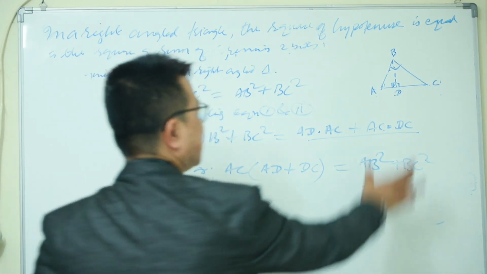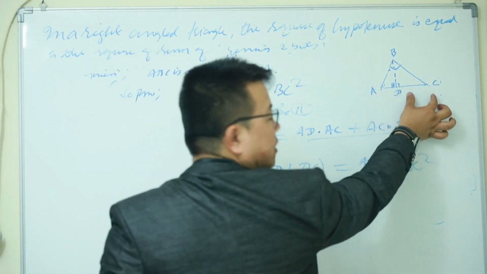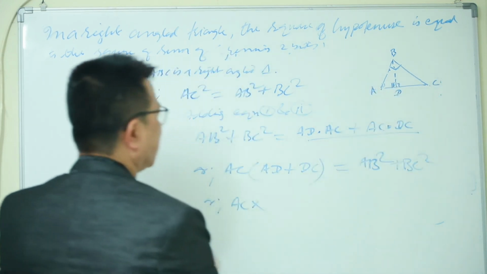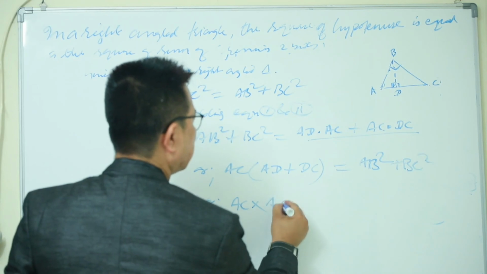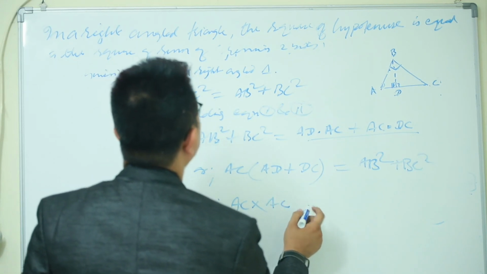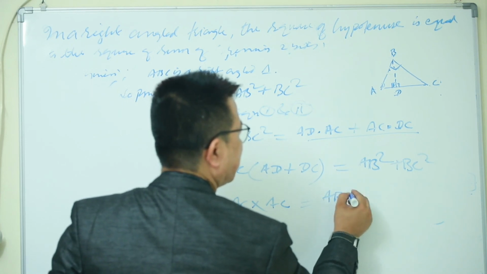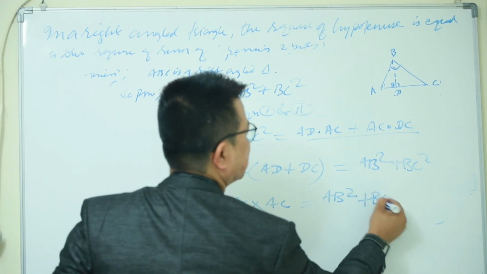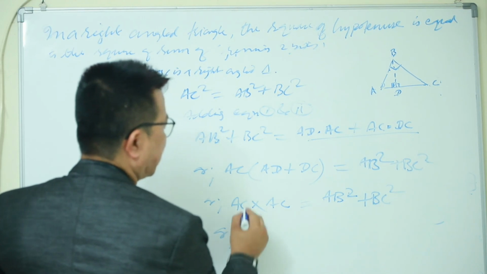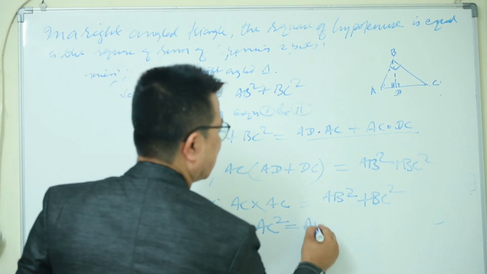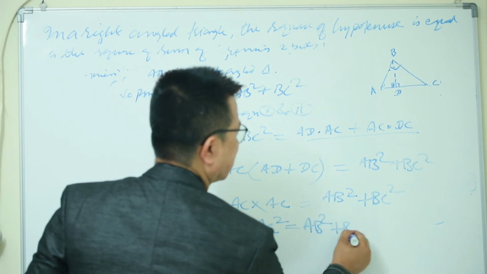What is AD plus DC in this diagram? When you add AD and DC, it is AC. So AC into AC, AC square is equal to AB square plus BC square.